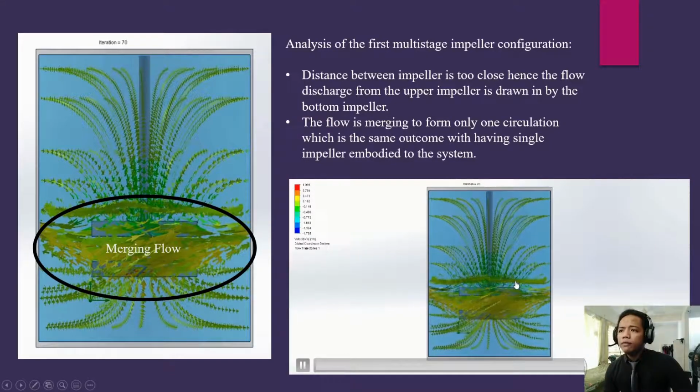When the flow is merging, only one circulation is created, so a multi-stage impeller with only one circulation loop gives the same outcome as having a single impeller in the system.